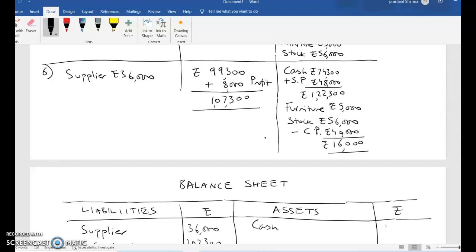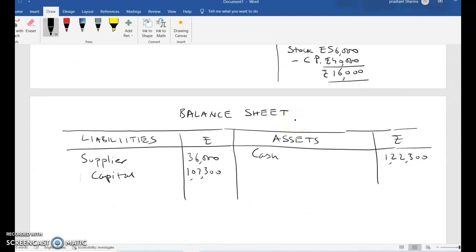Cash is how much? 122,300. Okay. We have furniture. Copying from above, basically furniture 5,000. And the stock of 16,000. This is the situation. Both the sides have to be the same.